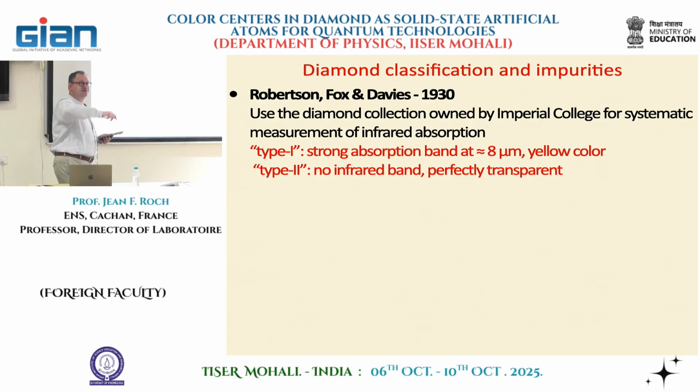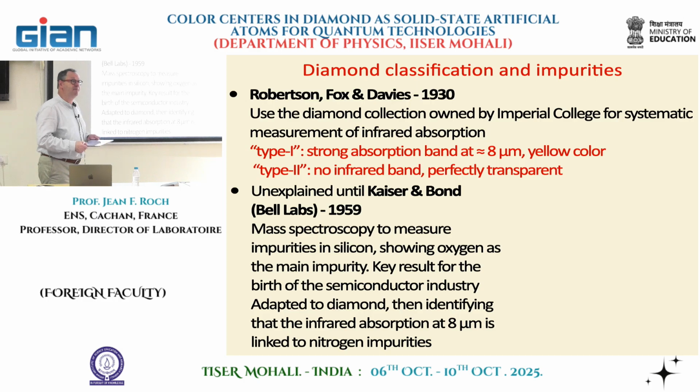They are perfectly transparent in the infrared, and also perfectly transparent in the visible. And that remained completely unexplained. There were even people who thought that there might be two different types of diamond. Although they had the same crystallographic structure, there might be subtleties that explain the differences.